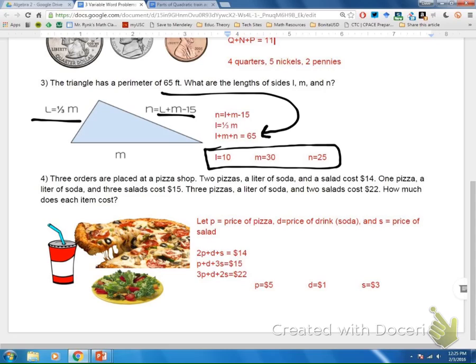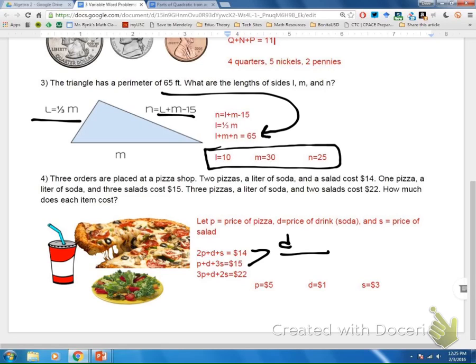Okay, the next problem was talking about ordering food, and there were 3 different orders that all dealt with pizza, soda, and salad. So I defined my variables in that way. And then these 3 equations come from the 3 orders. Okay, in order to solve these, you have to combine 2 at a time and get rid of one of the variables.